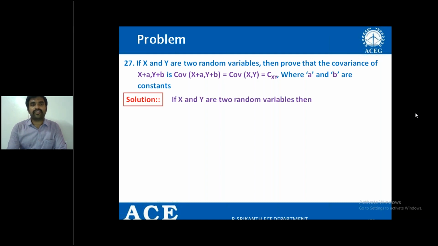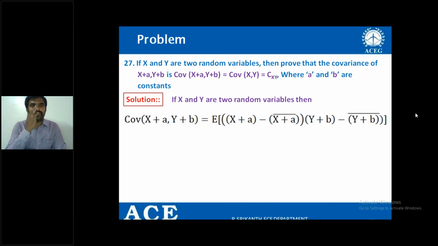If x, y are two random variables, then how can I write the covariance of x plus a, y plus b? Instead of x and y, we write x plus a and y plus b. Therefore, the formula becomes expectation of x plus a minus x plus a bar, into y plus b minus y plus b bar. Bar means nothing but expectation, right?